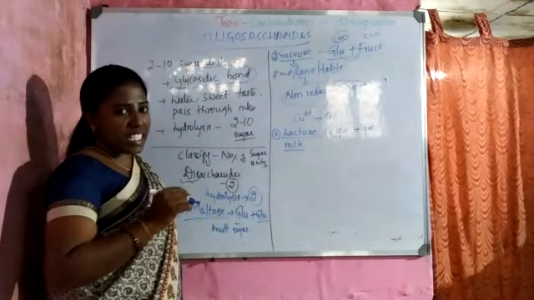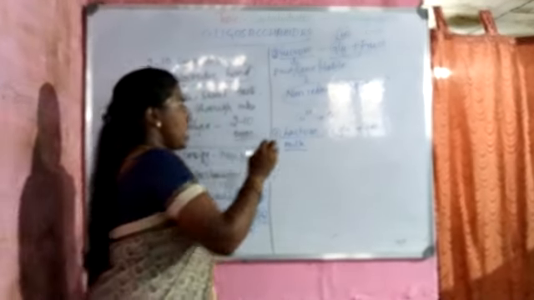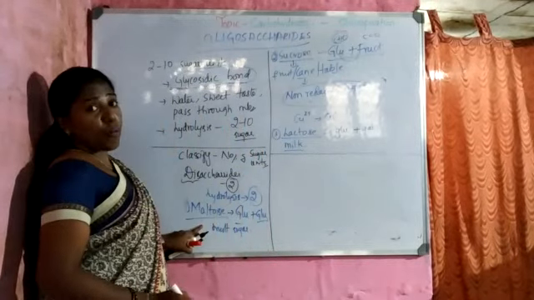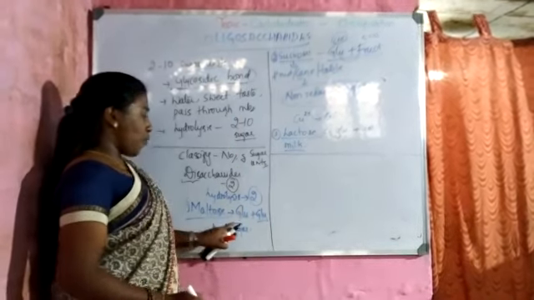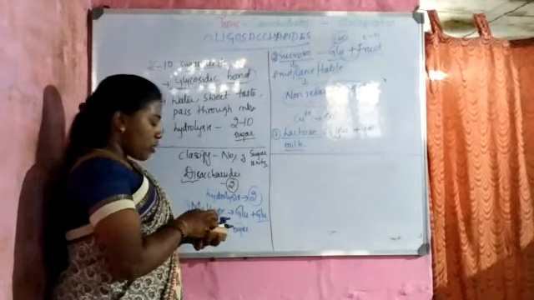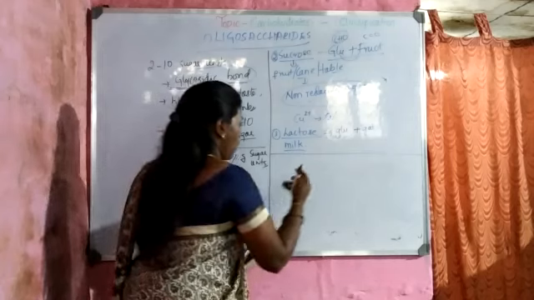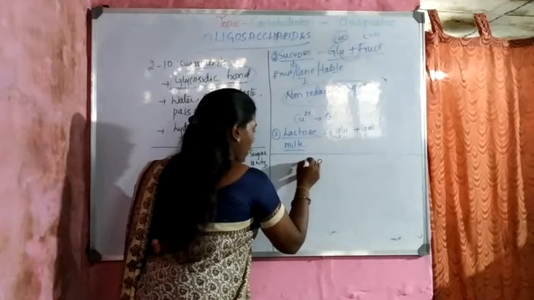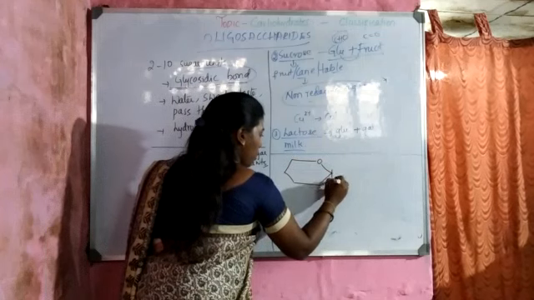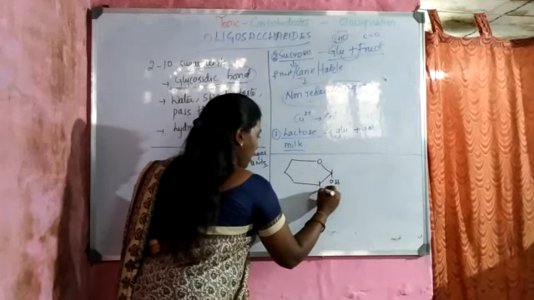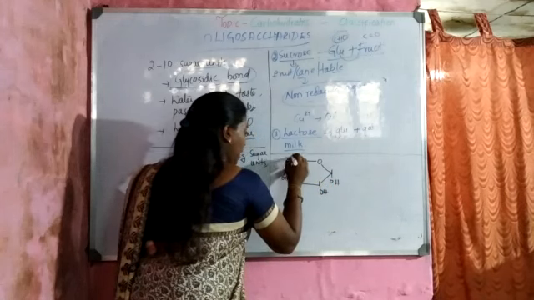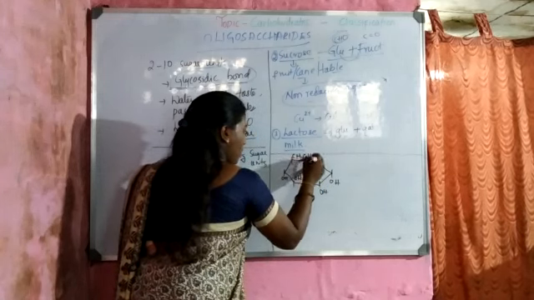Let us see what the glycosidic bond is. For glycosidic bond formation, I am taking the example of maltose. Maltose is formed by two units of glucose. Let me write the ring structure of glucose here: carbon 1, 2, 3, 4, 5, 6.